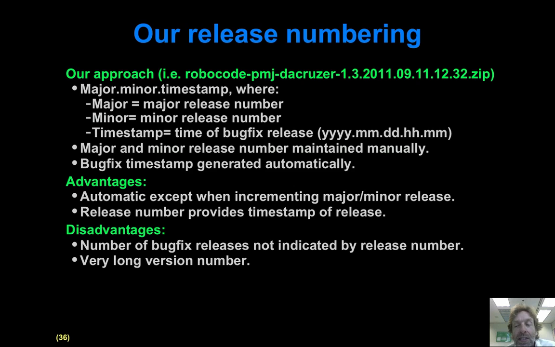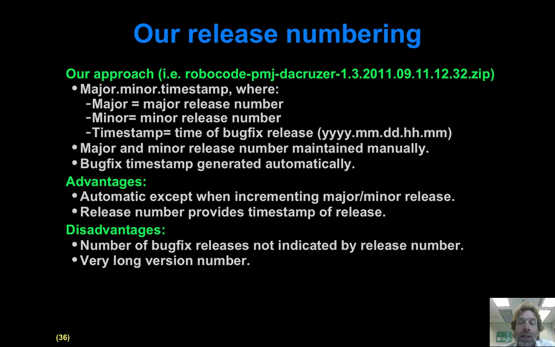The nice thing about this is that you can still manually maintain the major and minor release numbers, but if you are just making little bug fixes, which is what you do 80% of the time, then you don't have to remember to increment that bug fix number every time.